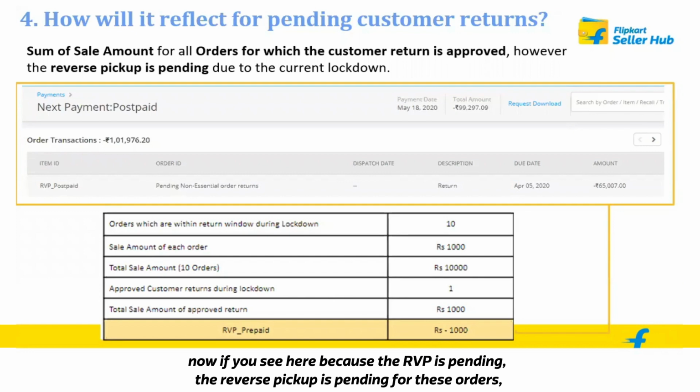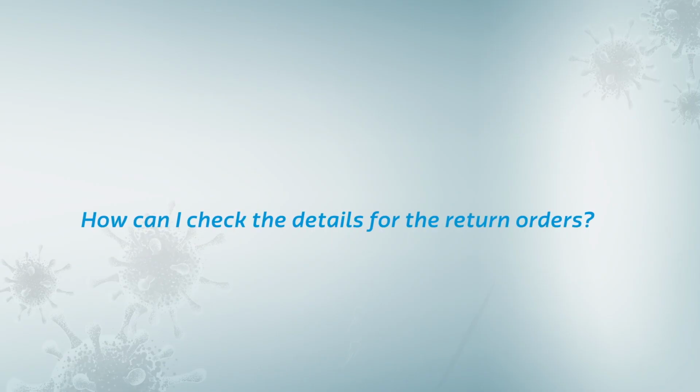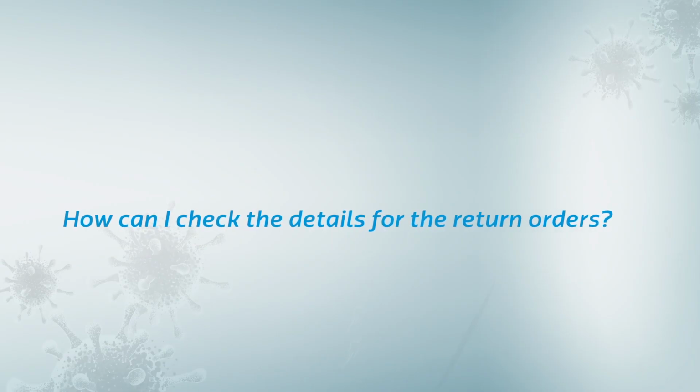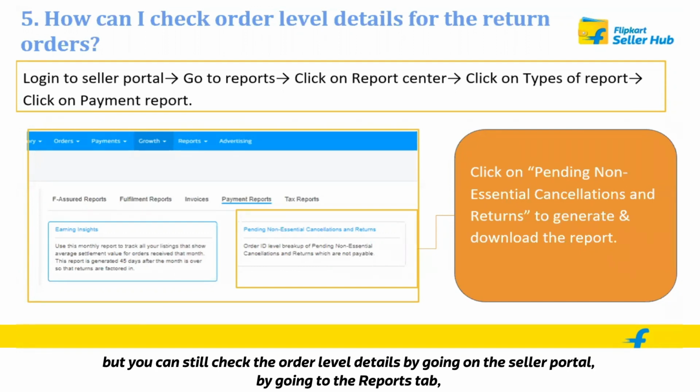Now, because the RVP, the reverse pickup, is pending for these orders, you will see an entry of pending non-essential order returns with a negative entry. For return orders, currently we have not updated the amounts or the transactions at an order item ID level, but you can still check the order level details by going to your seller portal, going to the reports tab.